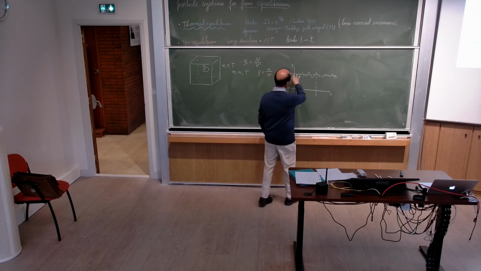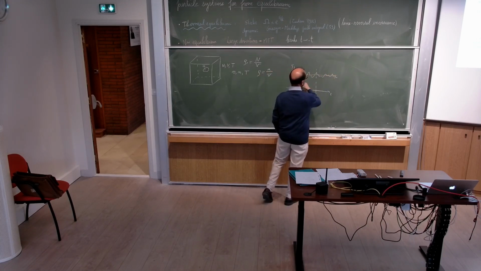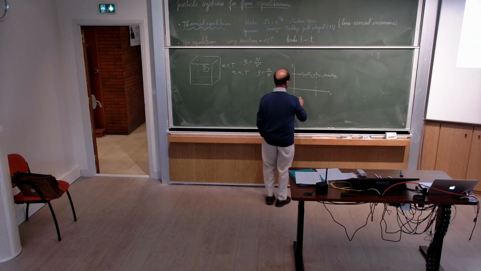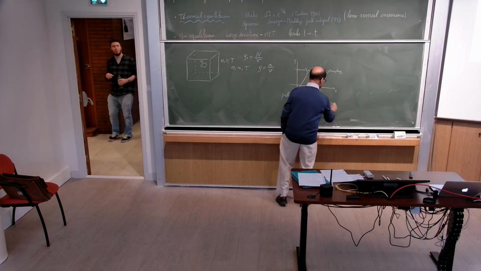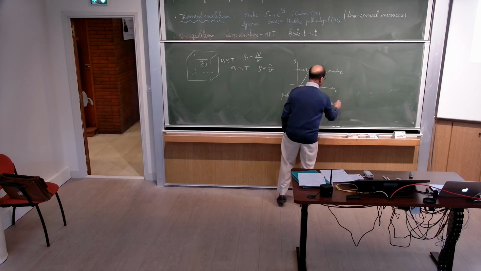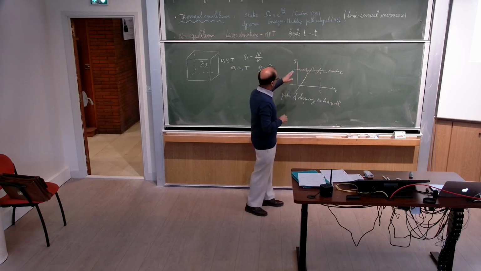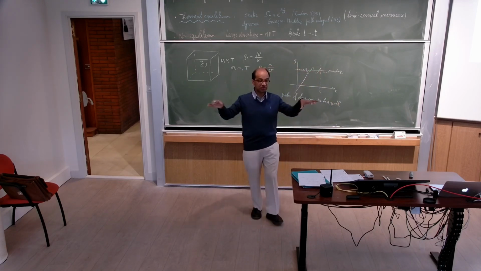But one may be interested also to look at this time series, this history, and ask what is the probability of observing such a history, such a path. So we may be interested in static fluctuations or in dynamical fluctuations, which fluctuate with time.